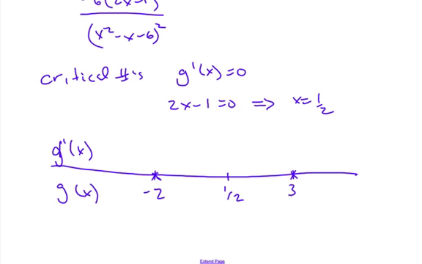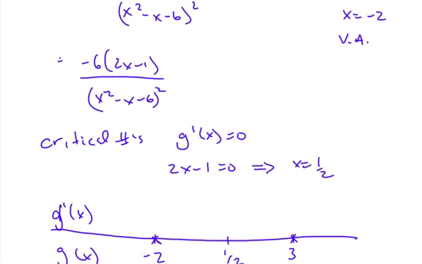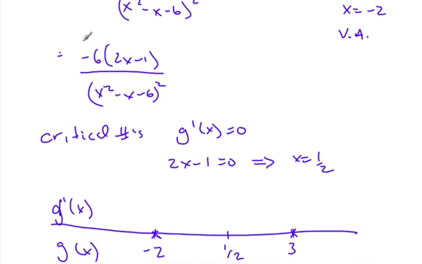So now, looking at my derivative, I choose a number to the left of negative 2, so like negative 10. The bottom is always positive because it's squared. The top, negative 10, will make this negative times a negative be a positive.